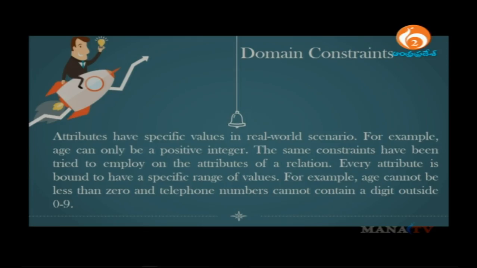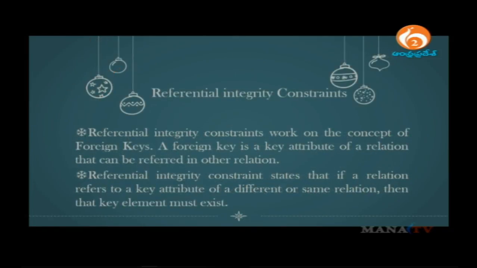Now let me show you the slide again. The next one is referential integrity constraints. Referential integrity constraints work on the concept of foreign keys. Very important thing, please underline this point, foreign keys. What are foreign keys? Let me talk about it right now.